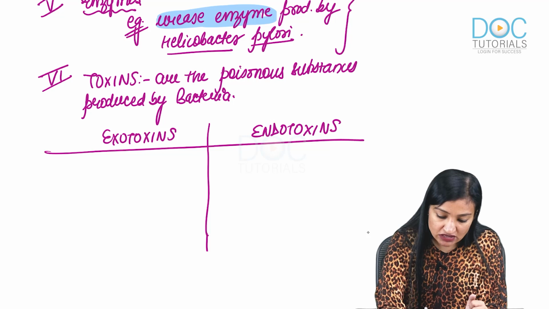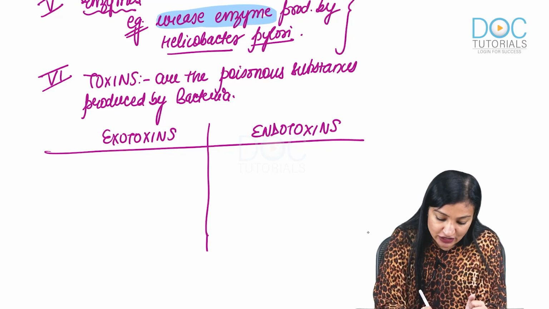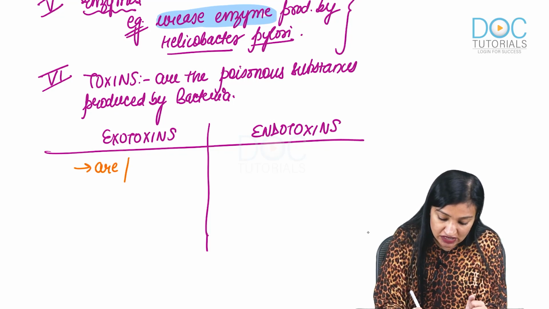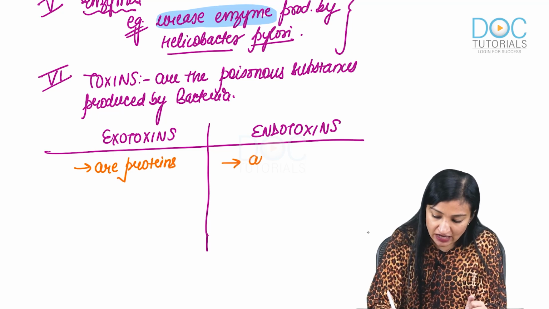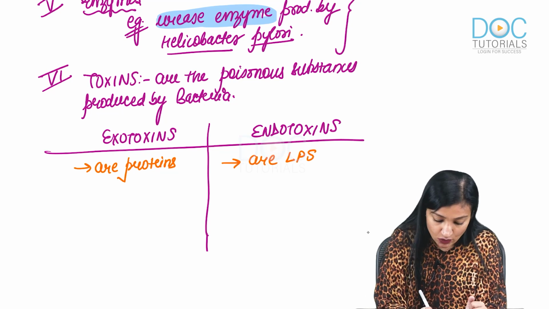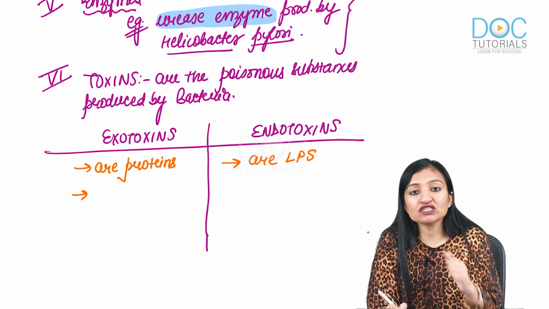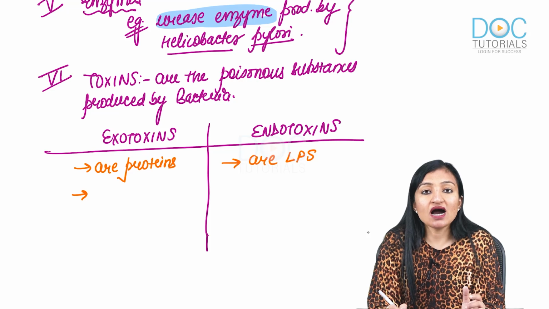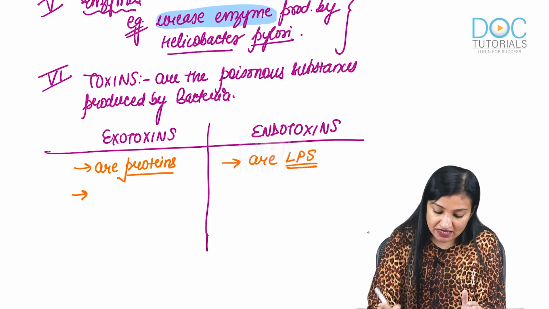Now guys, first and foremost, exotoxins are proteins and endotoxins, as you all know, they are lipopolysaccharides or LPS. Okay, now biochemistry knowledge, which of these two are going to be heat labile, proteins or LPS?